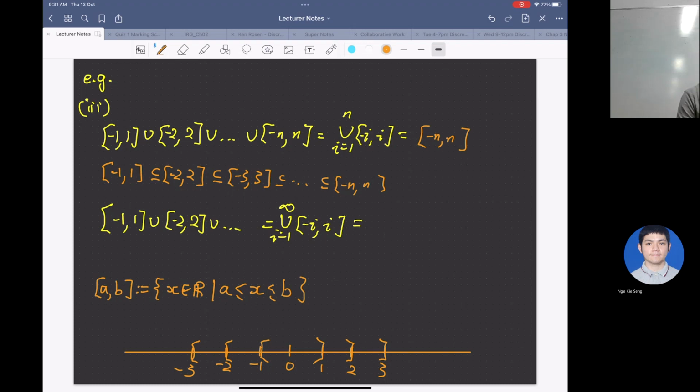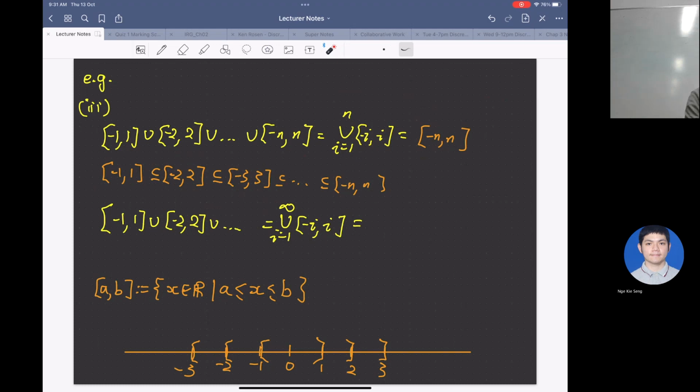So how to see it from the set inclusion? This direction just says that everything in here is in here, and everything before is already in here, so that means it's in here. How about the other side? The other side just says that the whole thing here is already in here.